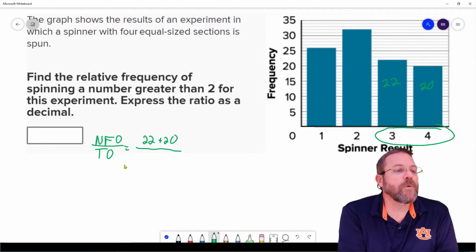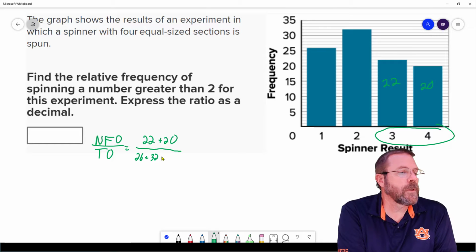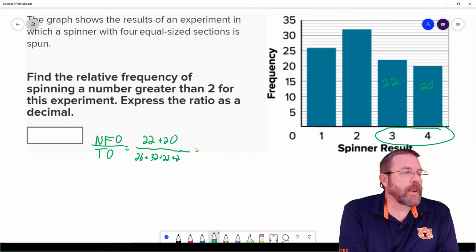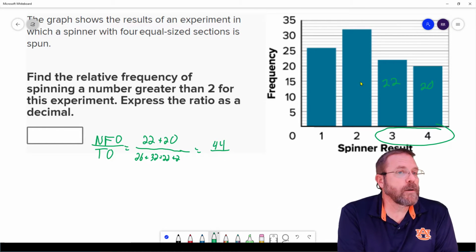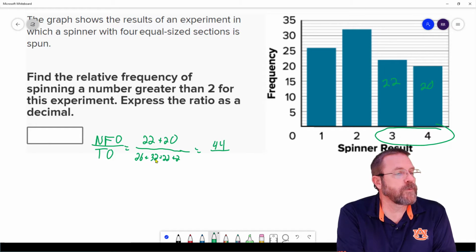And the number of total outcomes, well, let's go ahead and add them up down here. I have a 26 for 1, a 32, plus the 22 and the 20 right there. When we add those up, on top we're going to get 44, and on the bottom the total number of outcomes we had, well, 22 plus 26 plus 32, that's going to be 58, and then 60, 70, 80, and then after 80 we're going to have 90, 100.